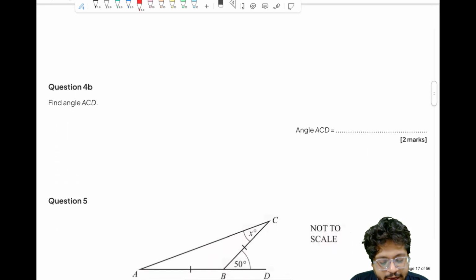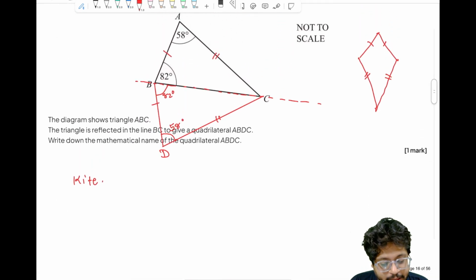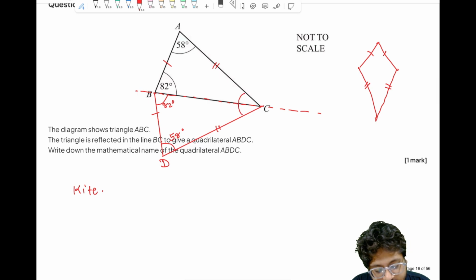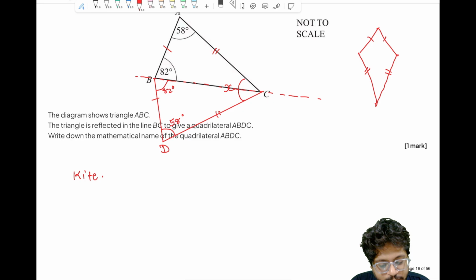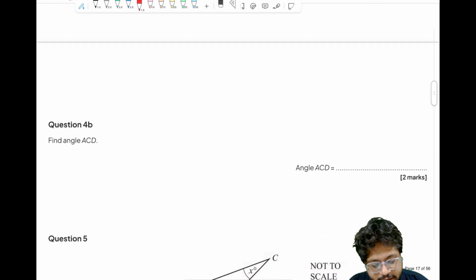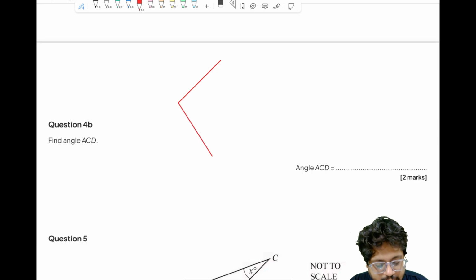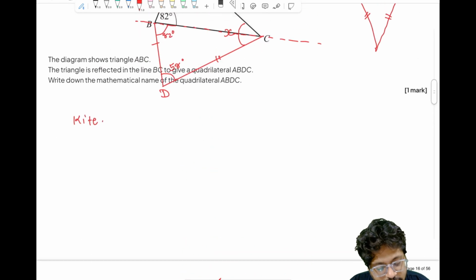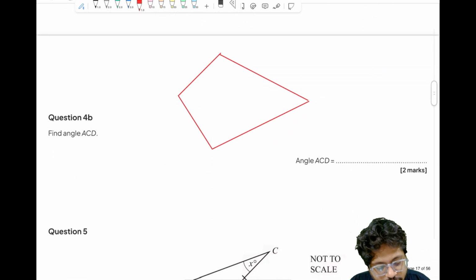Now find the angle ACD. ACD is this angle. Let's call this whole angle x. And I would suggest let's draw this kite again here. It will be easier for you. So this is one side and it is equal to this side, and there is another side like this and it is equal to this side. I just tried to make it as close as possible, but I know that it is not that close, but just manage.